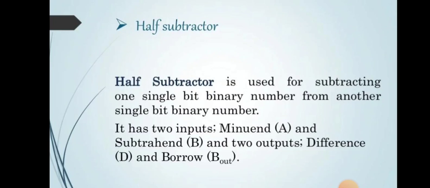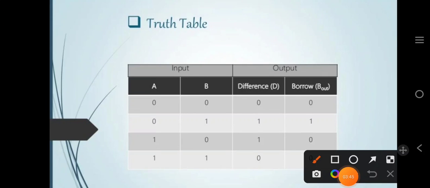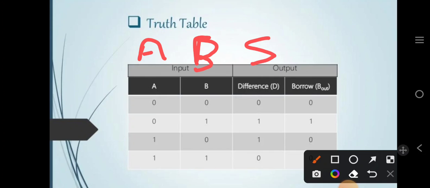Now the second step is to draw the truth table. If you compare the adder and subtractor, in case of adder there were two inputs A, B, and the outputs were sum and the carry. These two outputs are replaced by the difference and the borrow.